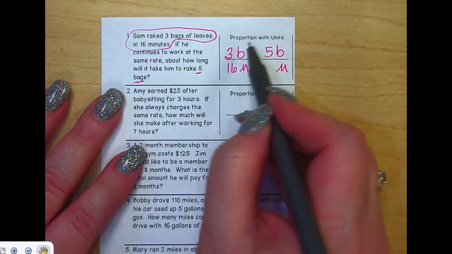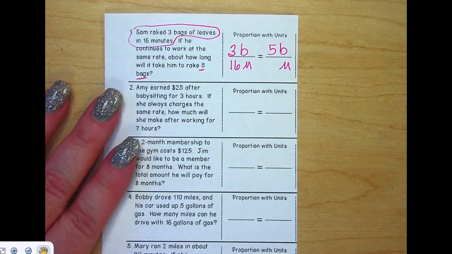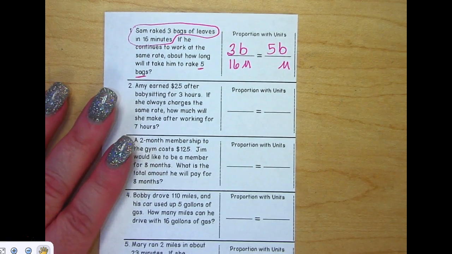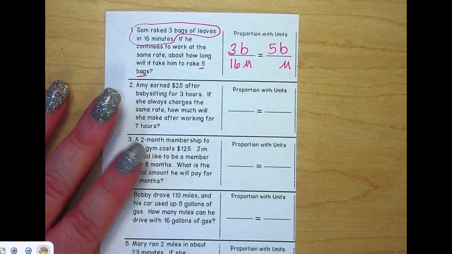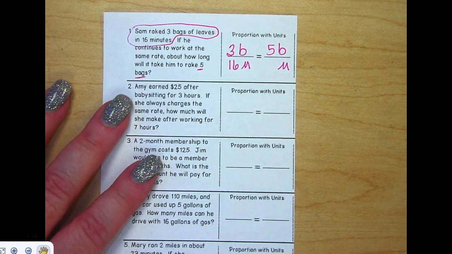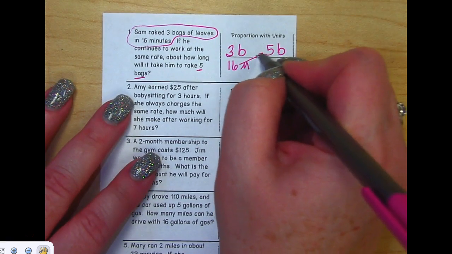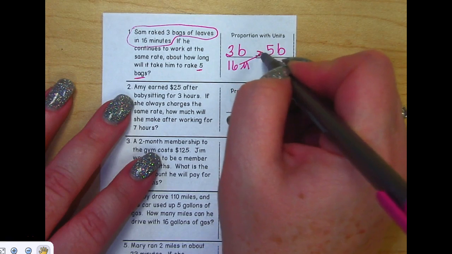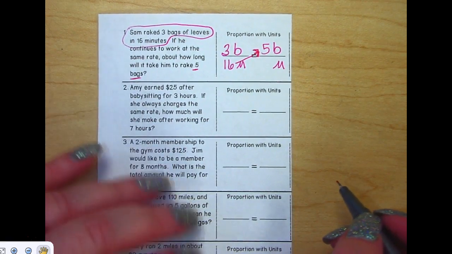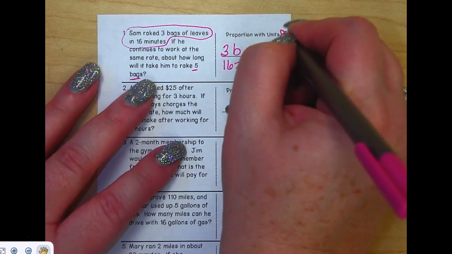Now, is there a nice way to get from 3 to 5? Can I multiply or divide 3 by anything to get to 5? Not a whole number. So what do you think we're going to want to do to solve this one? Cross multiply. We're going to say 16 times 5. And what do we get when we do 16 times 5? It's 80.